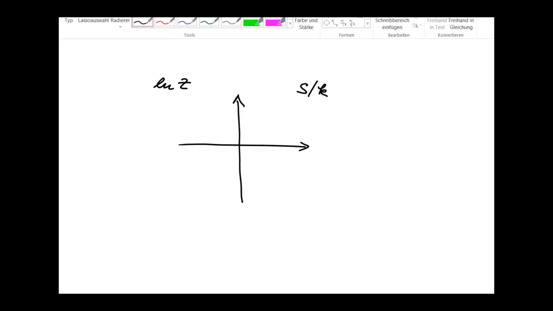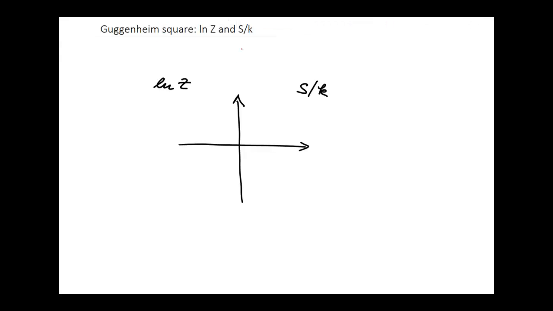This Guggenheim square has in the top left corner the log of the partition function. In the top right corner, it has the entropy divided by the Boltzmann constant. Then there are 2 arrows like a coordinate system. And then we have the control parameter xi.